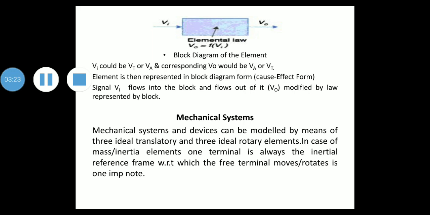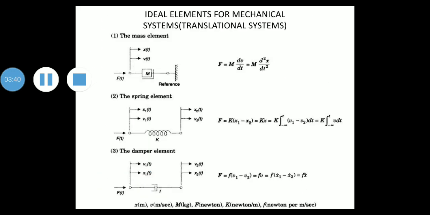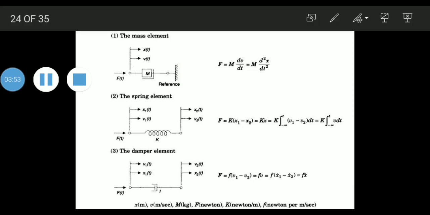In the case of mass or inertia elements, one thing to note is that one terminal is always the inertial reference frame with respect to which the free terminal moves or rotates. You can see the mass here: one terminal is always the inertial reference frame, whereas the other, free terminal moves or rotates.